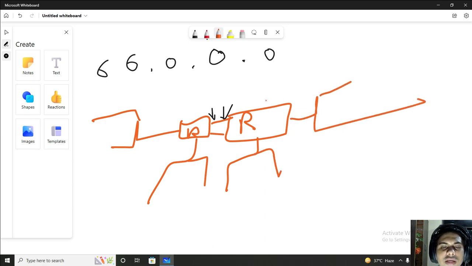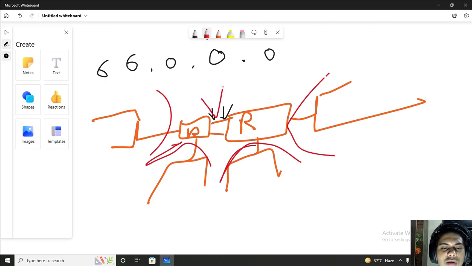My point is, let me mark with red, you need a new network here, and also a new network here. This is the interface of the router. You need a new network here as well, and here as well, and two networks here. So in total how many networks do I need?